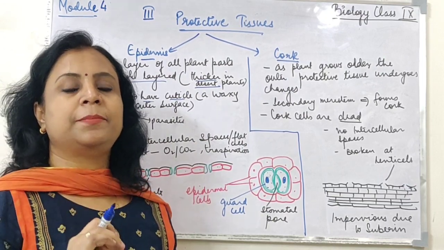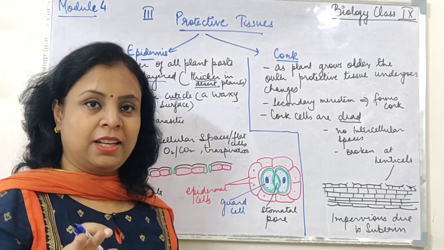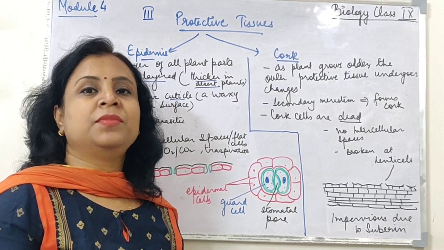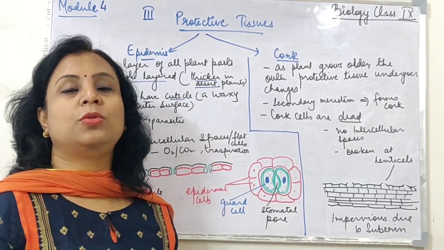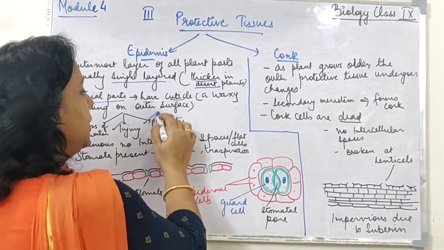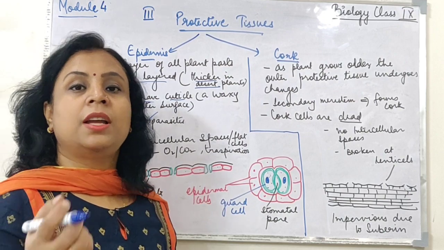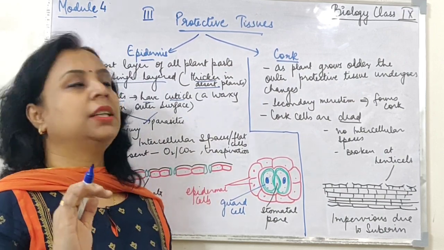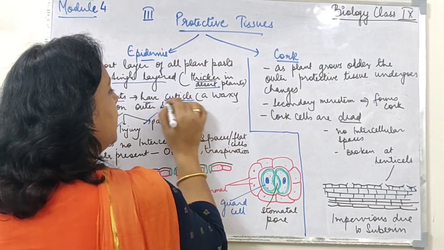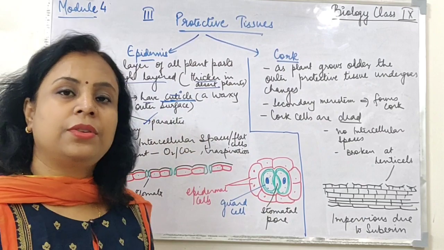All these injuries are protected, and it forms a waterproof layer, because of which the moisture cannot go in and it may not lead to infections. The third is protection from the entry of parasites. The entry of bacteria and fungi is also prevented because of this cuticle. So cuticle is a very, very important part of epidermis.